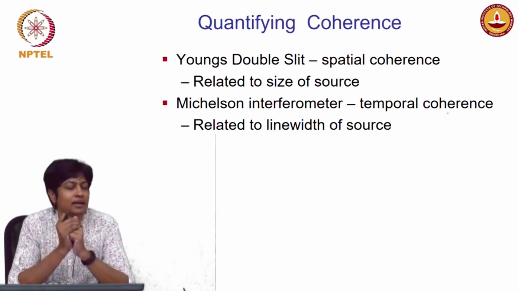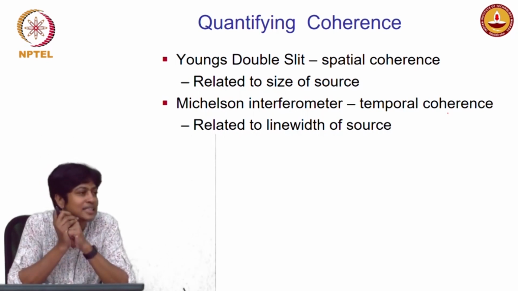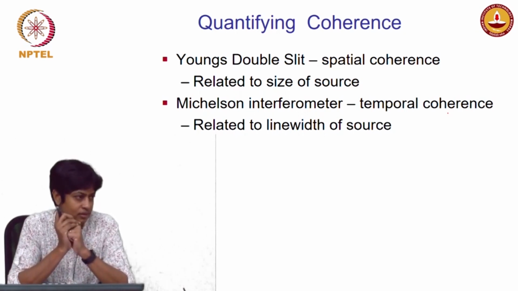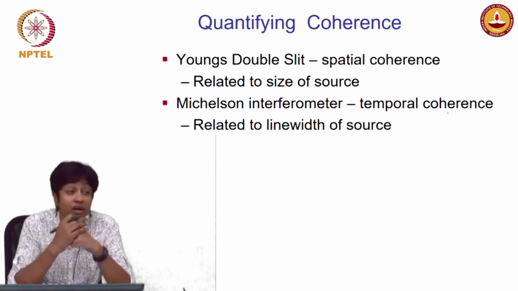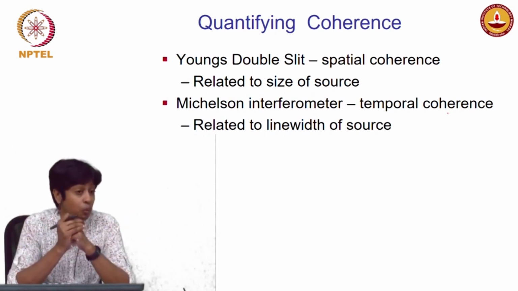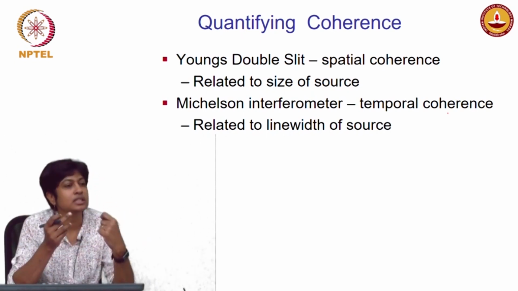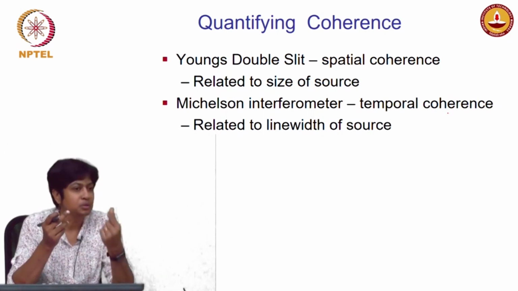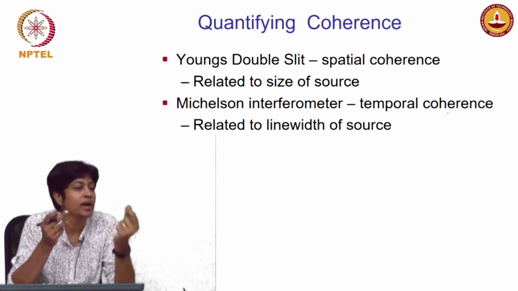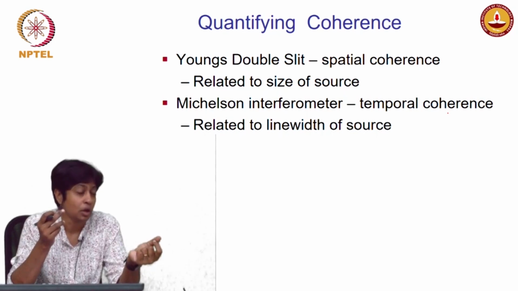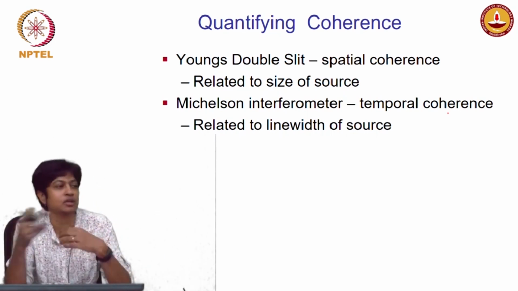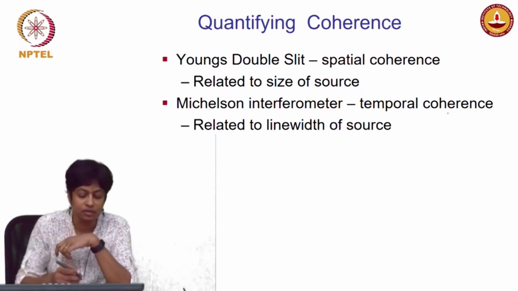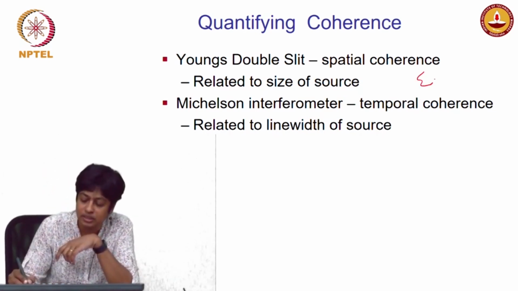If you had an ideal source, that means you had a source that was infinitesimal in size, it would then have perfect spatial coherence. Why? Because the source is so small, you consider that only one wave is emitted from that source. Where does the origin of the lack of spatial coherence arise? You think of a source and you say that the source is actually this big.